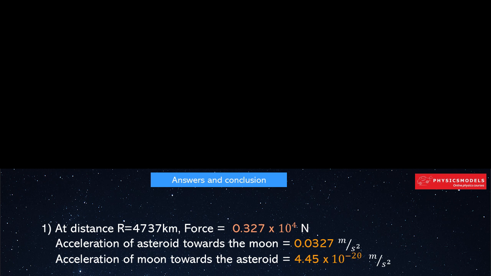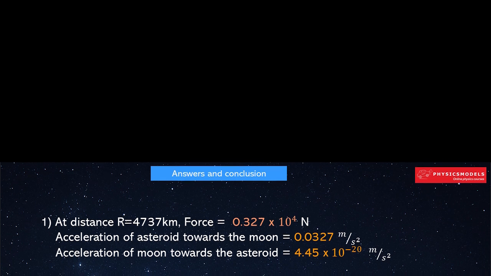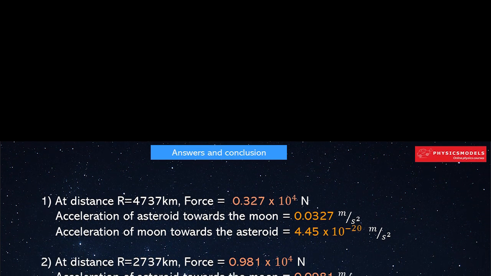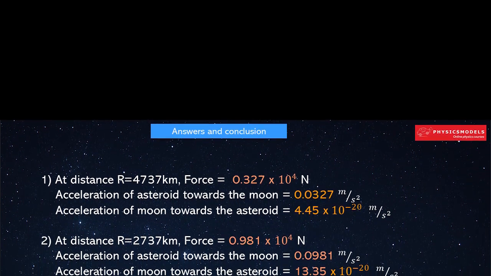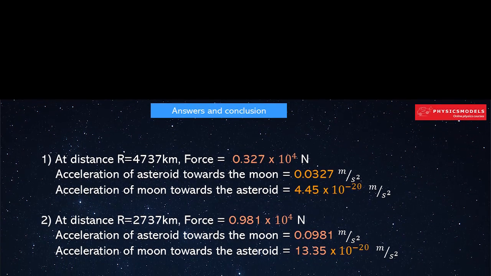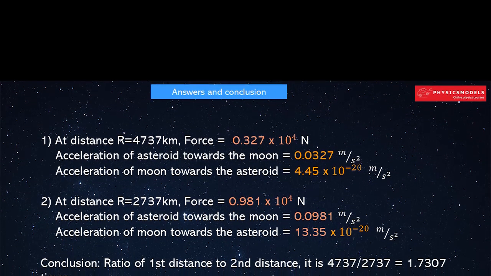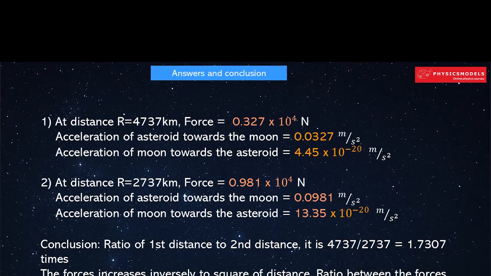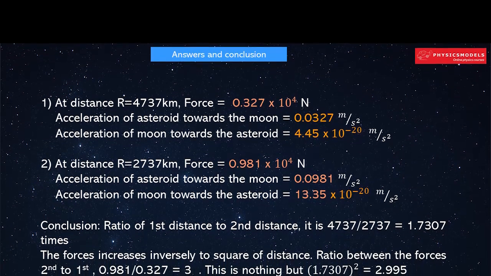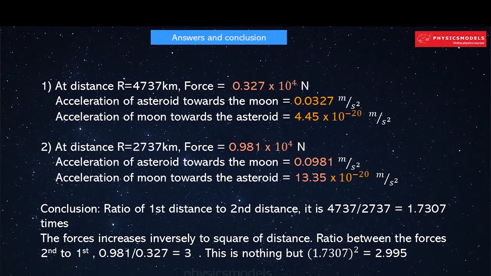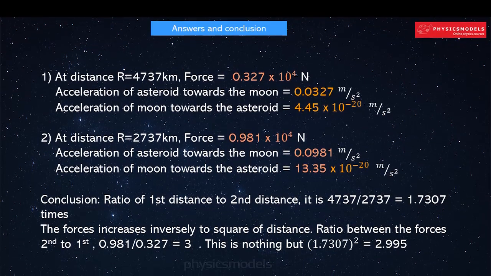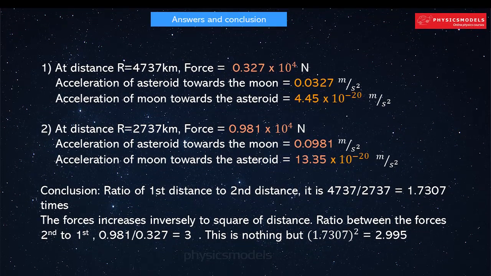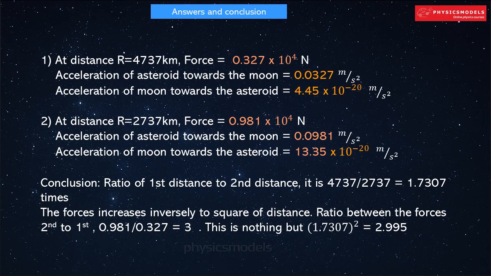In this summary slide, we can compare the accelerations between the case 1 distance and the case 2 distance. The ratio of the r values is 1.73, and if we take a square of that, 1.73 whole squared will be equal to 2.995, and therefore the force has increased 3 times between case 1 and case 2.